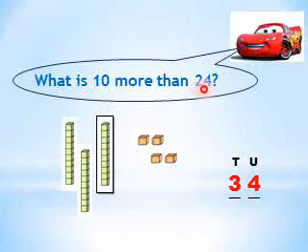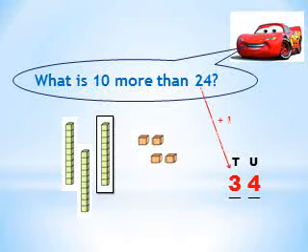The number was 24. I added 10 more, so I got 34. What do you notice? The number in the units is the same, 4, and it's still 4. What about the number in the tens? The 2 became 3. So what happened here?